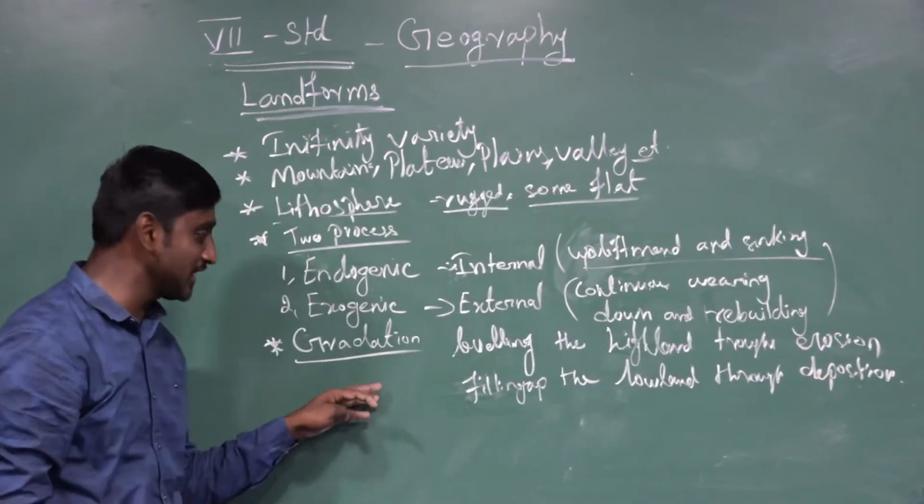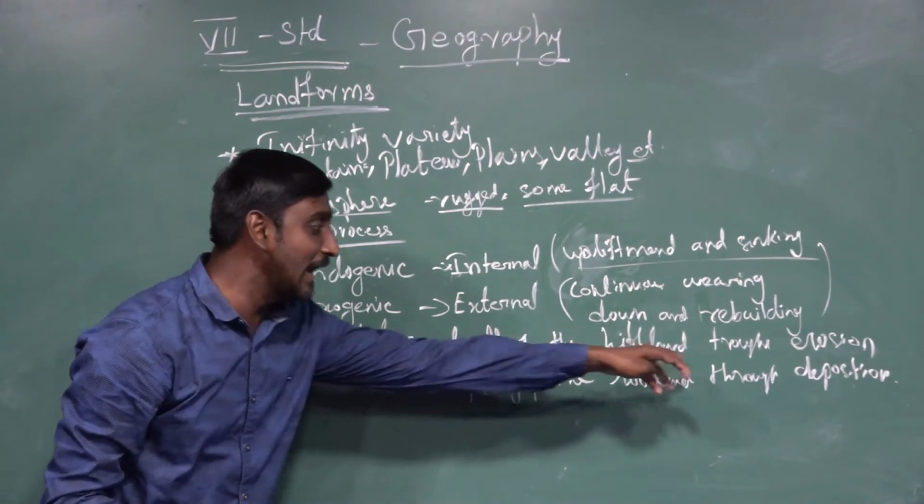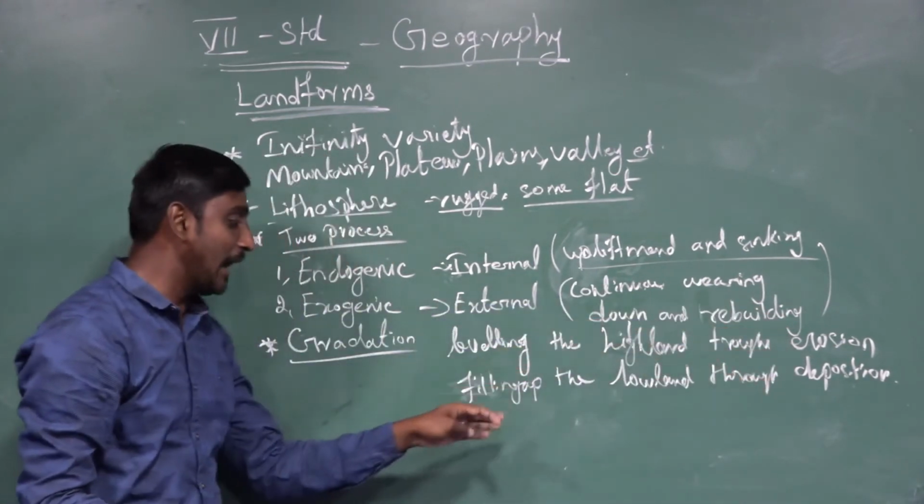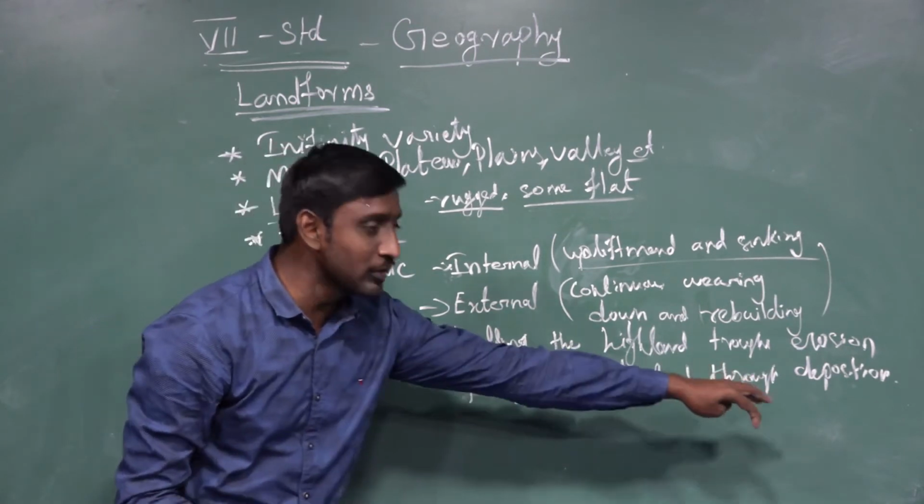So gradation is the process of leveling the highland through erosion and filling up the lowland through deposition.